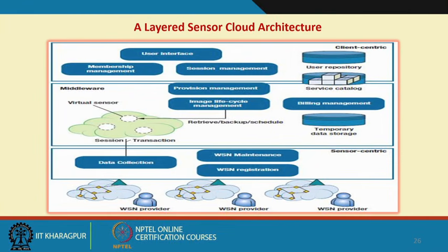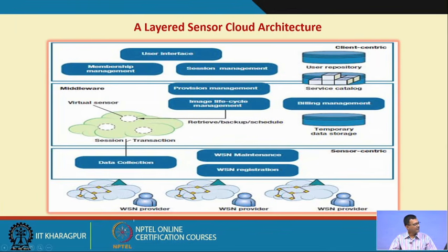And if we look at a layered sensor cloud architecture, we have different wireless sensor providers, right, which provide data and information. We have a sensor-centric middleware for WSN maintenance and WSN registration, and then we have another middleware which has virtual sensors, emulating virtual sensors, provision management, image life cycle and so forth, and then at the top, interfaces.